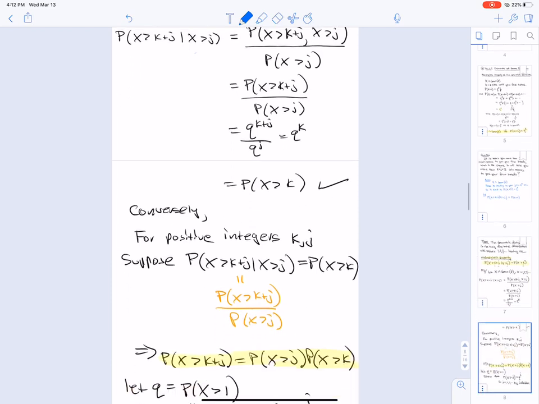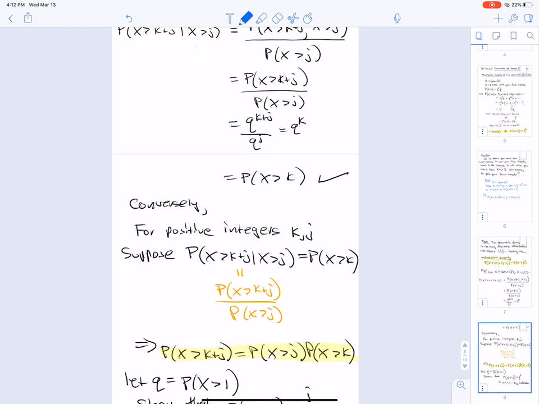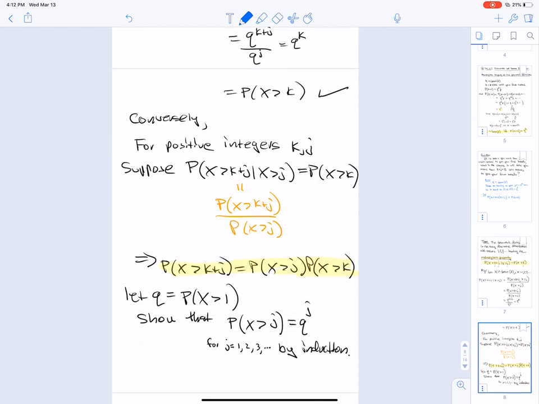Now conversely, for positive integers k and j, suppose you have the memoryless property, so that gives you this equality: the probability that X is greater than k + j is equal to the probability X is greater than j times the probability that X is greater than k.